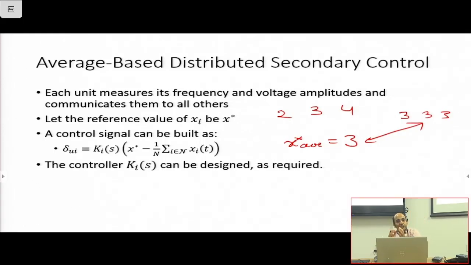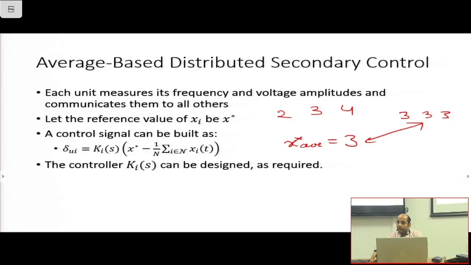If you make average equal to the reference, you assume that all of them will be at the same value. But sometimes this may fail also. But the theory behind average based consensus is this. Let's say the reference value of xi be x star. Okay? Then how do you get the control variable? You get the control variable by passing through the controller. So KIS is the controller and you generate an error.